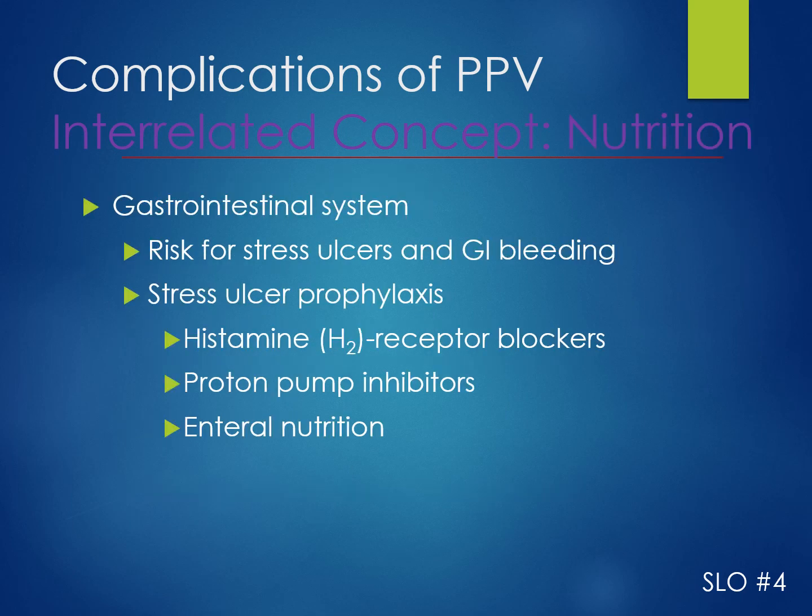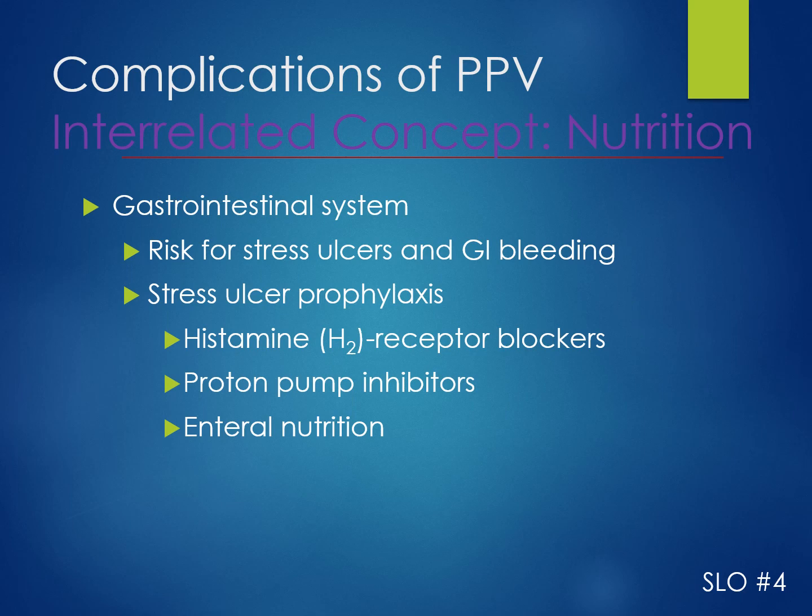So our GI system, so decreased blood flow, that hypoperfusion to the GI, causes lots of problems. It causes some decreased peristalsis, which can lead to gastric dilation. Also causes acid accumulation, which can lead to stress ulcers and GI bleeding, and then ultimately constipation as well.